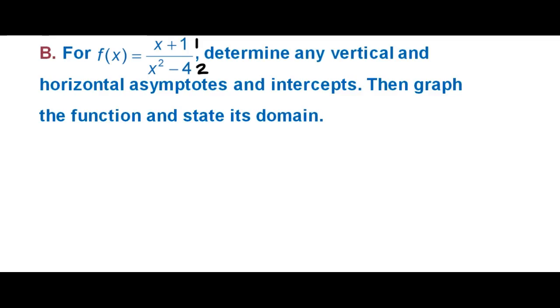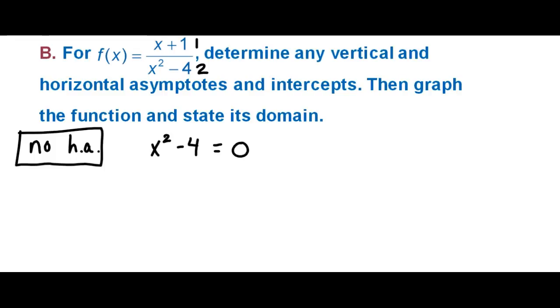So since the top one is less than the bottom one, that means that I'm going to have no horizontal asymptote in this case. So then we're going to go straight forward and try to find the vertical asymptote, which, remember, is where your denominator is equal to 0, because the function can't exist at that point.